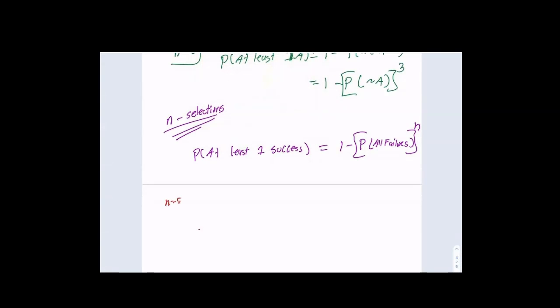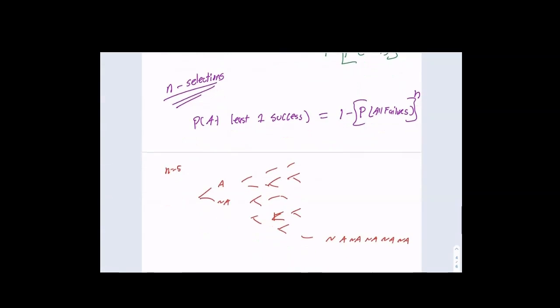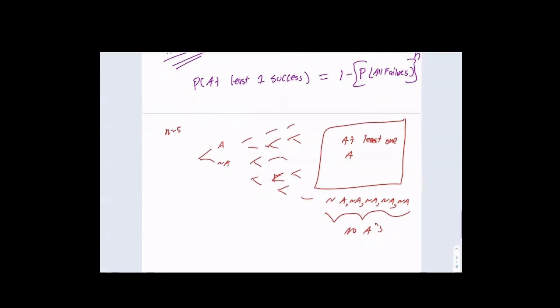You would have only one instance of not A, not A, not A, not A, not A. All of these outcomes have at least one A, and this one has no A. There's only one outcome that has none.